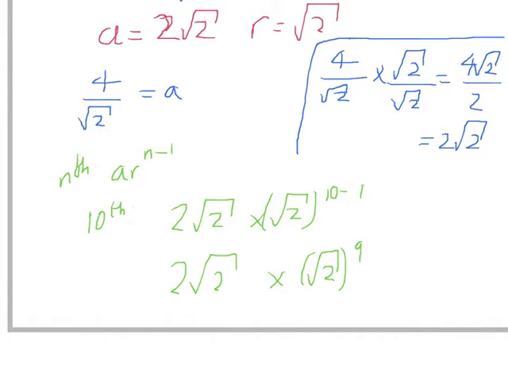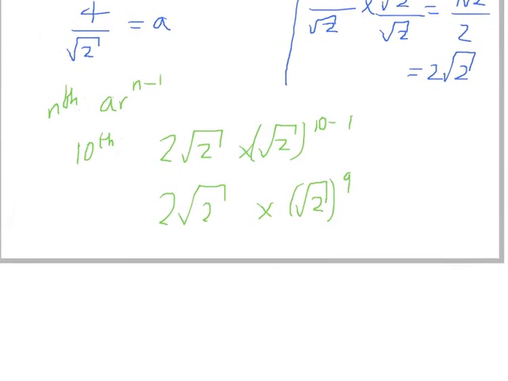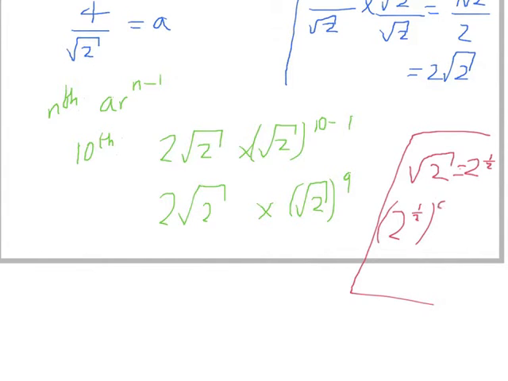If we convert this root 2 to the power of a half on this second bit, just as a little side again, so root 2 we're going to make 2 to the power of a half, and then we're going to put that 2 to the power of a half to the power of 9, which means it's 2 to the power of 9 over 2.